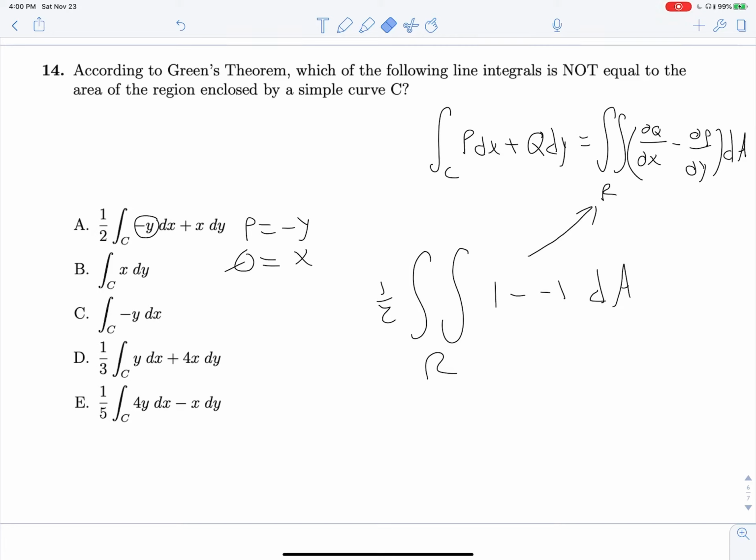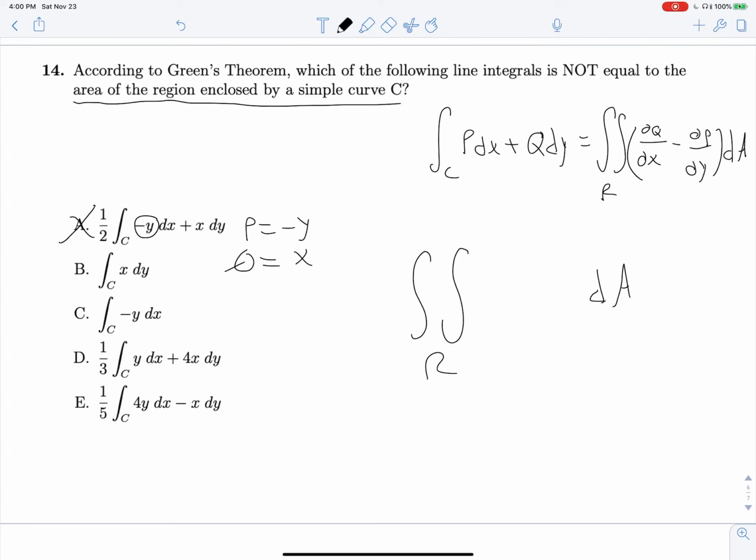This gives you the area, because if we get rid of this 1/2 and divide everything in here by 2, we'll end up with 1 dA, and the integral of 1 dA is just the area. This in English is exactly that. So that's kind of cool. I like it when it clicks. That felt nice. But let's make sure all of our other answer choices work like that.